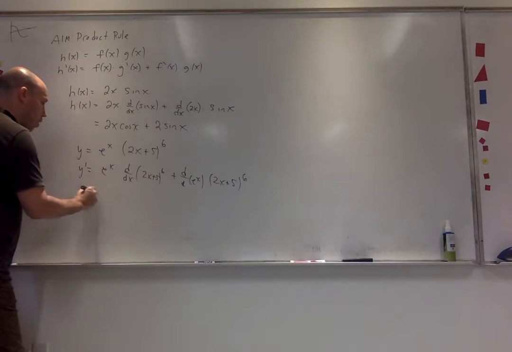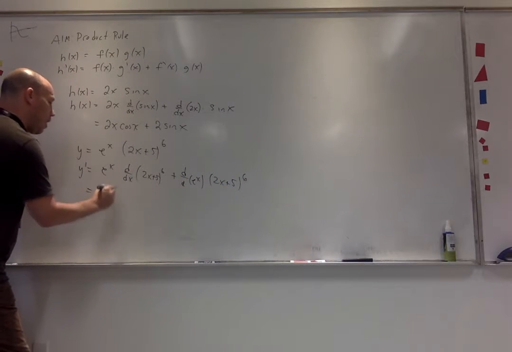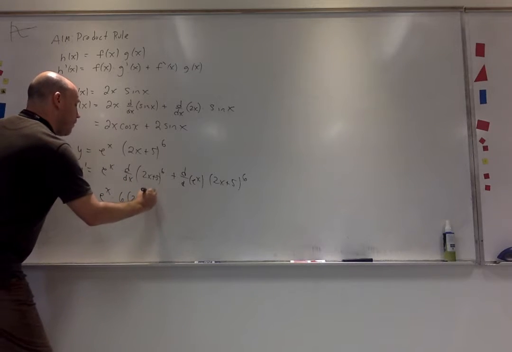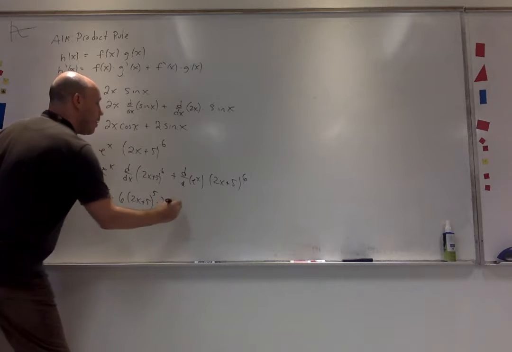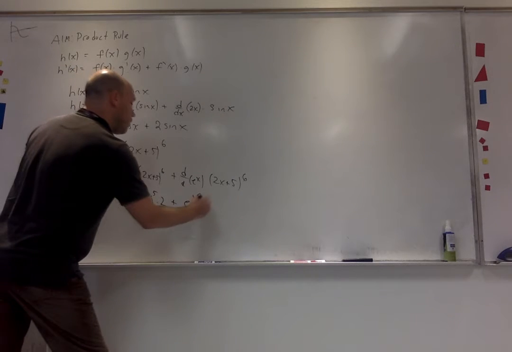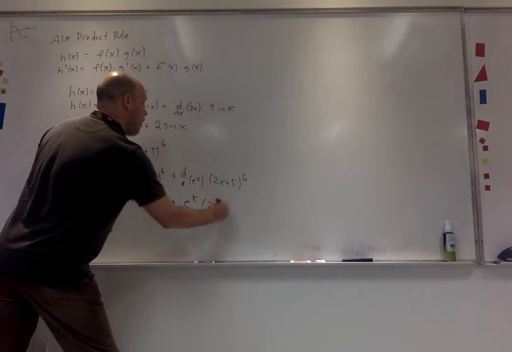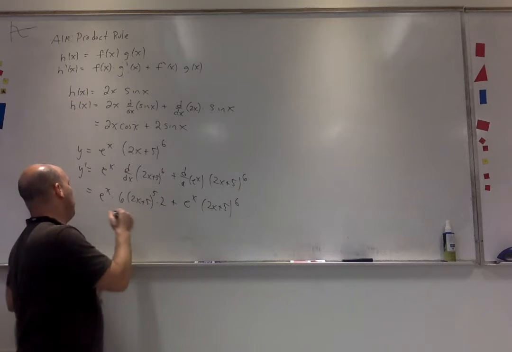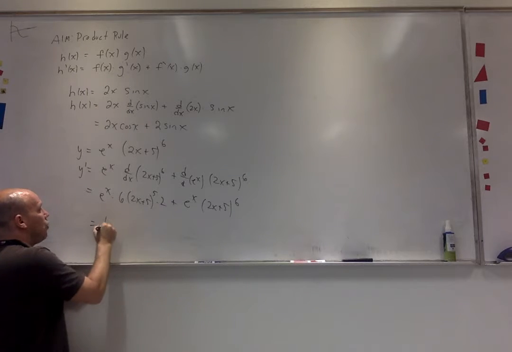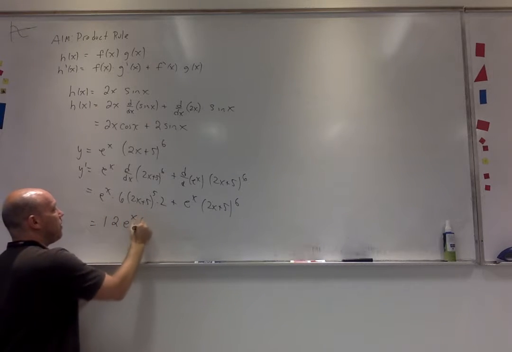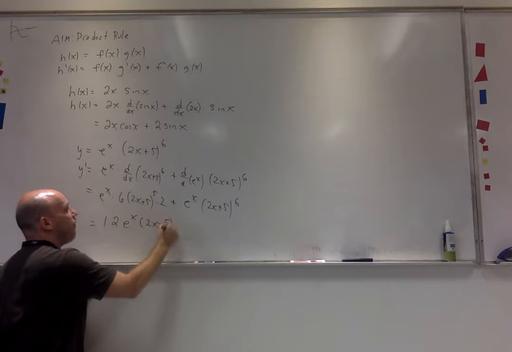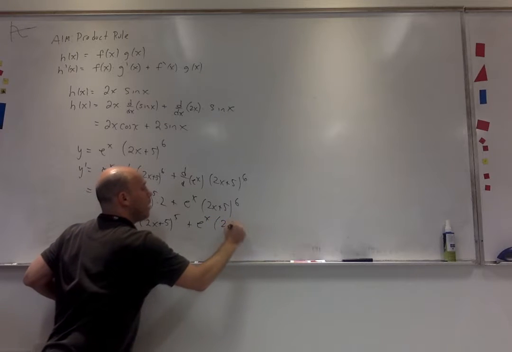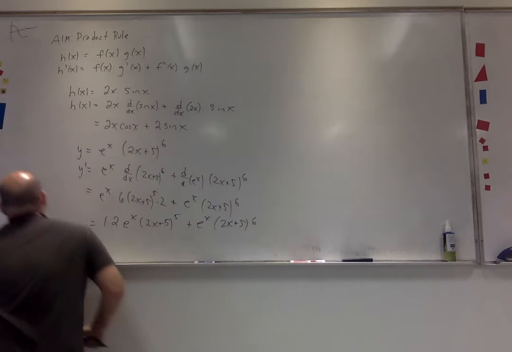And you have to do a little work. So it's e to the x times 6 times (2x plus 5) to the 5th times 2, plus e to the x (2x plus 5) to the 6th. Final answer, we'll clean it up. We get 12 e to the x times (2x plus 5) to the 5th plus e to the x times (2x plus 5) to the 6th.